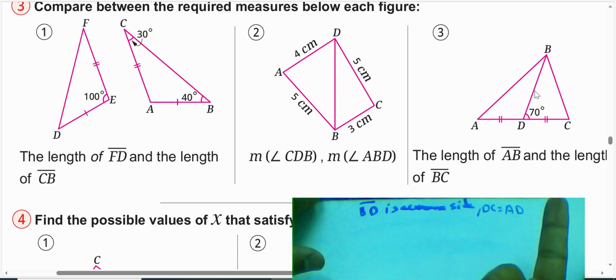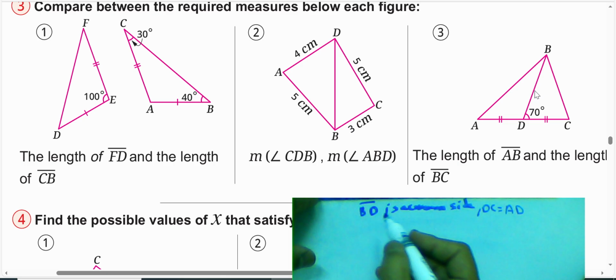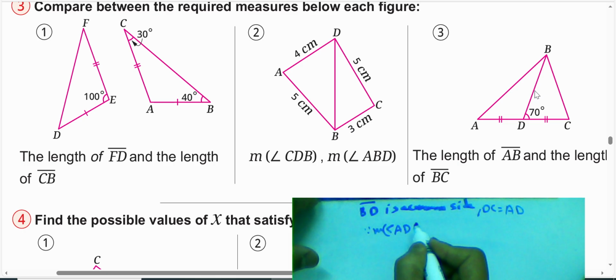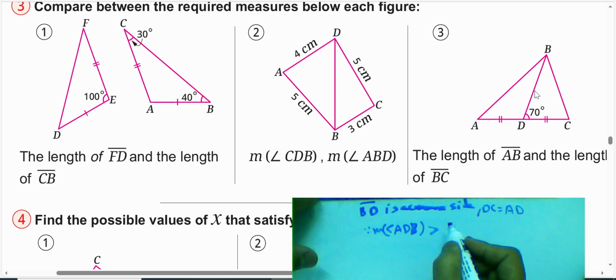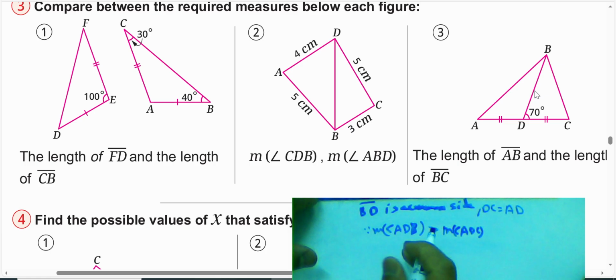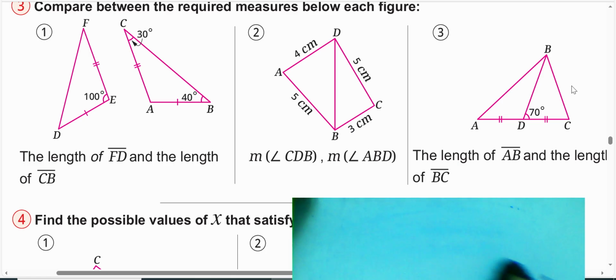We have two sides equal here. The measure of angle ADB is greater than the measure of angle ADC, because the supplement of it, 110, is greater than 70. In the opposite side, AB will be greater than the side opposite angle 70, BC. Understood? Next question.